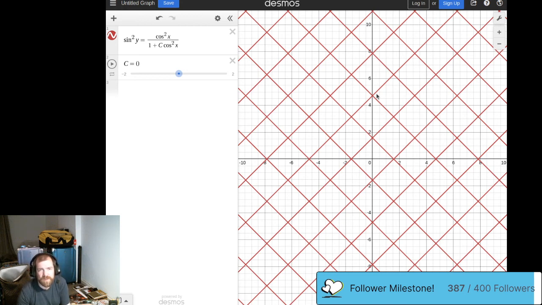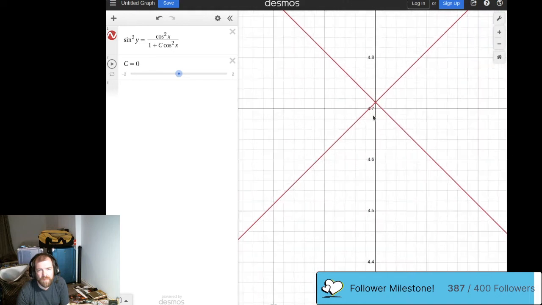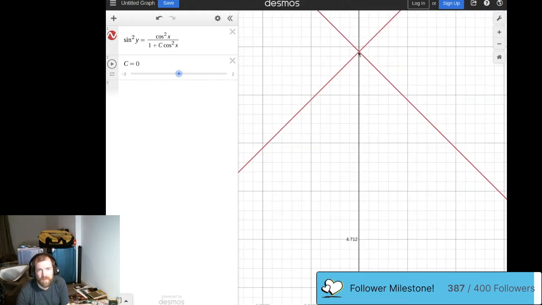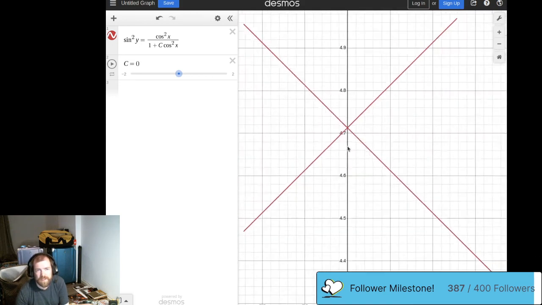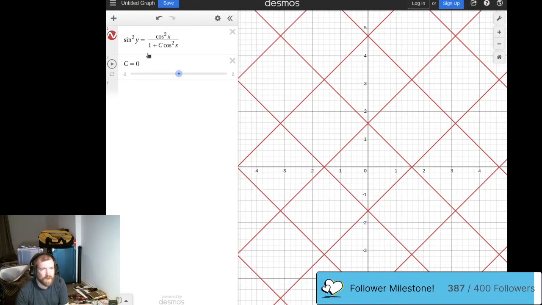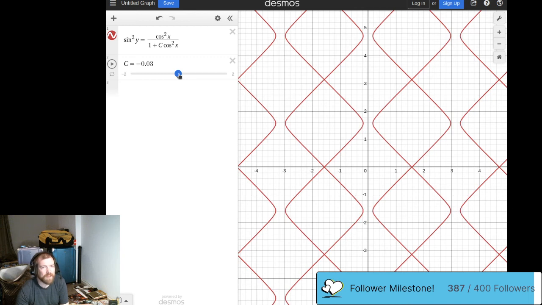And it looks like there was some undefined value right at the intersection point. I can't tell. Alright, so then move down into the negative region, and oh, now it's horizontal. That's awesome.